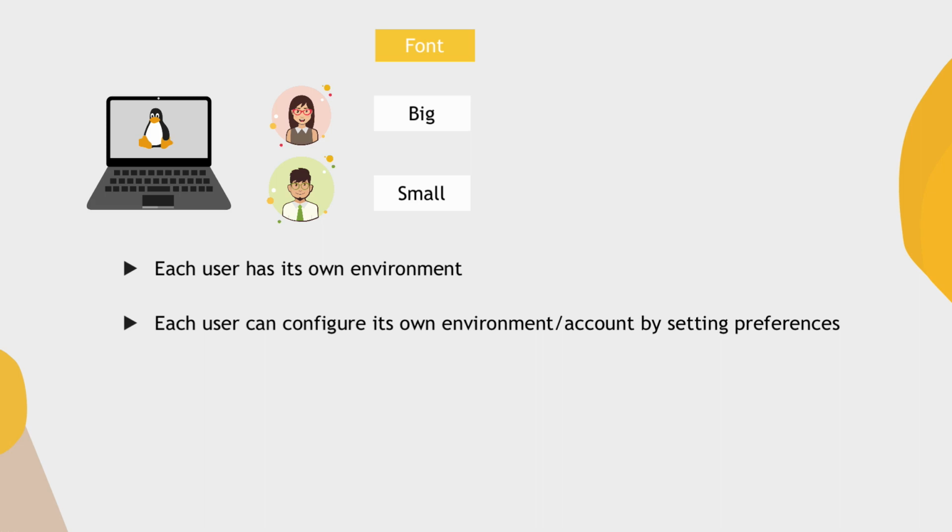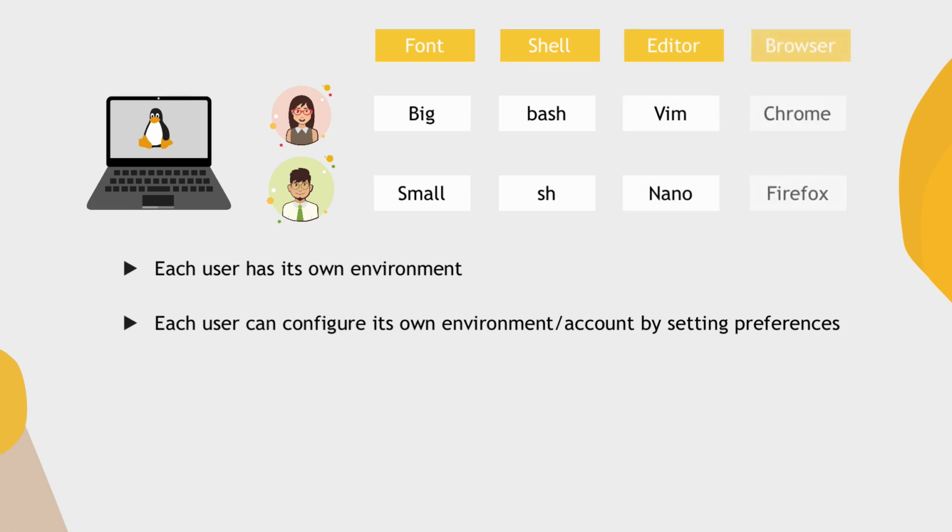Maybe you also want to have a different shell program and not the default bash program. You want to configure a default editor when opening files. Or maybe you also want to set a web browser which is going to be a default for opening websites. You can configure all of that on an operating system, whether it's Linux or Windows or whatever.